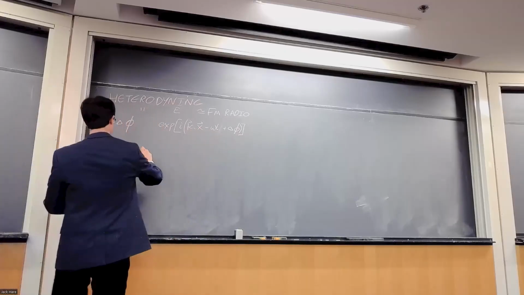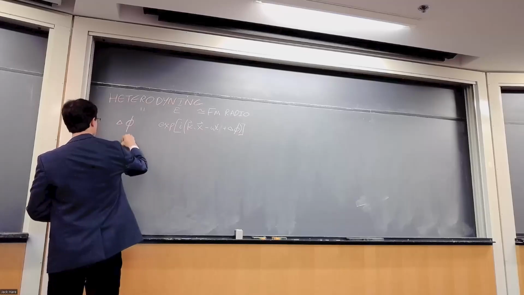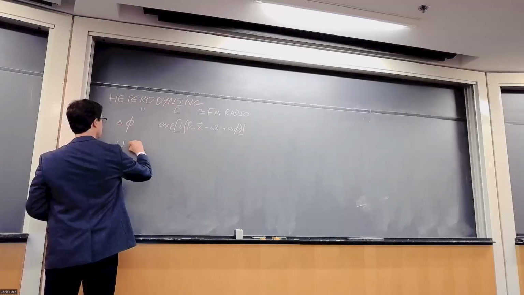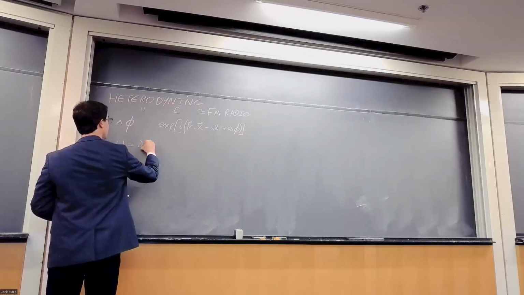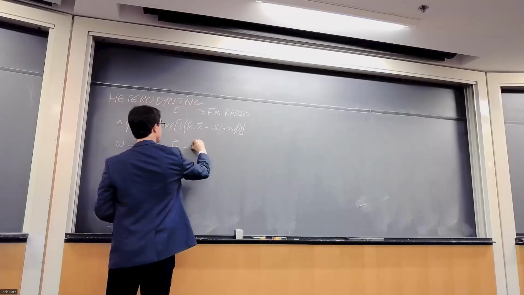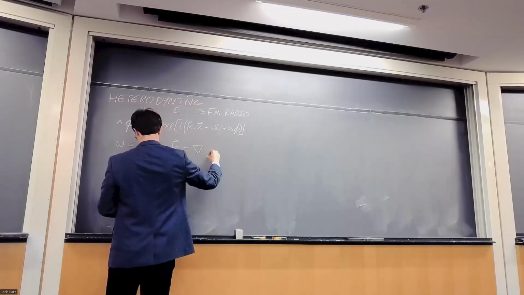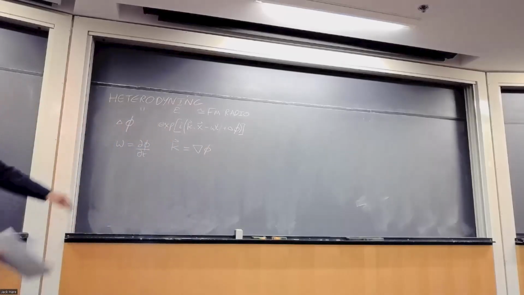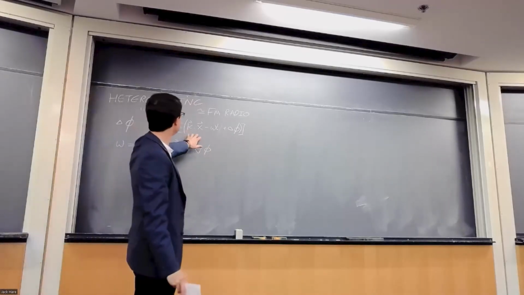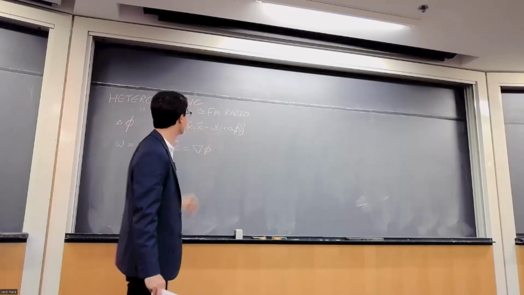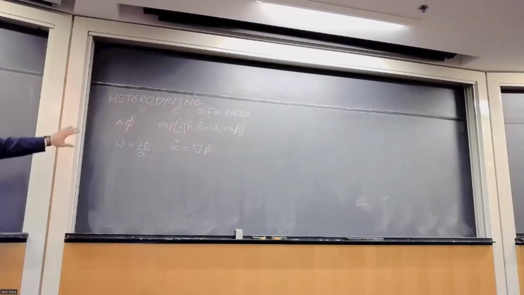And this means that we can say, what if we thought that we had some sort of frequency which was equal to the change in phase in time, or some sort of k that was proportional or equal to the gradient of the phase in space. Then if we put these into this equation, they would end up looking a little bit like an effective k vector or an effective frequency. So this is the basis for it.